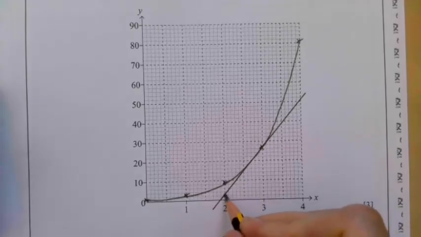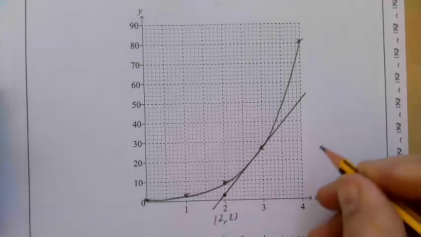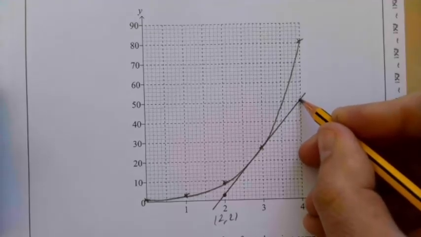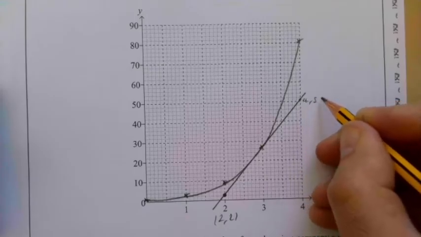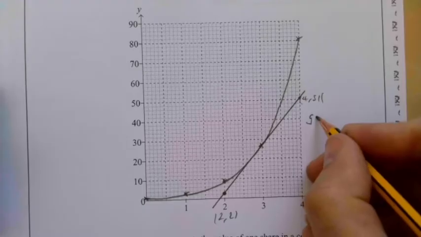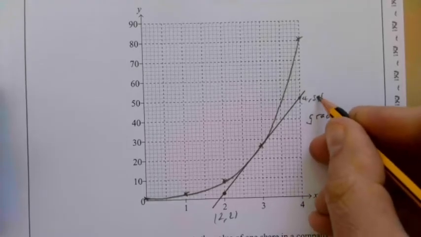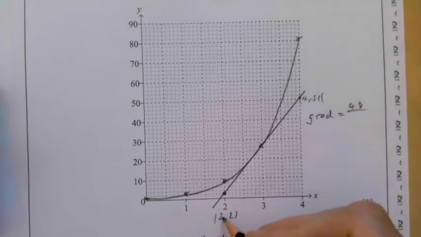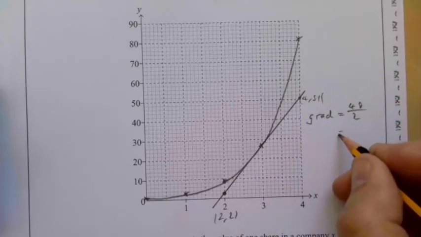So could I pick that point there? So that's the point 2, 2. And then there's another point. Let's make it nice and big. I suppose there. That is 4, 51. 2, 2 and 4, 51. So my gradient is the y difference, 49, over the x difference, over 2. 4 take away 2 is 2.